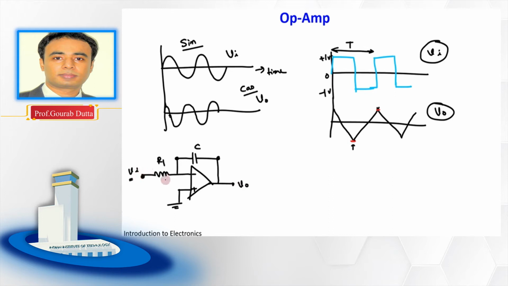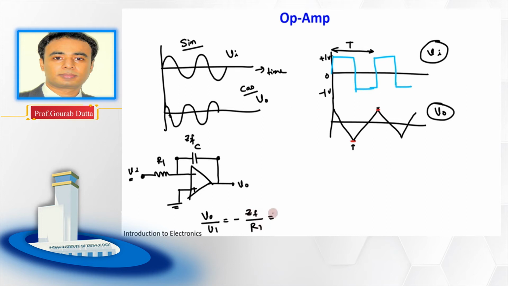And now suppose you are increasing the frequency. As you are increasing the frequency, what is happening to the impedance of this capacitor? That is decreasing. If you consider this impedance as Z, say ZF, because this is the feedback, and this is R1, then you can say Vout by Vin, which is nothing but the gain of this amplifier, is equal to minus ZF by R1.